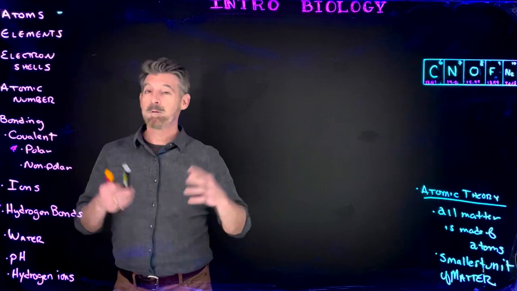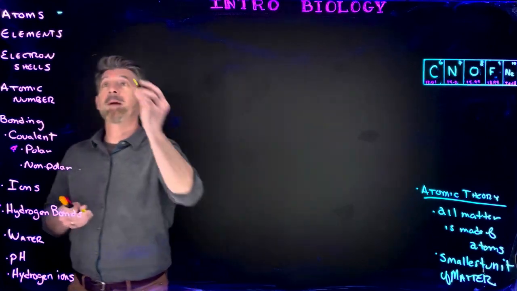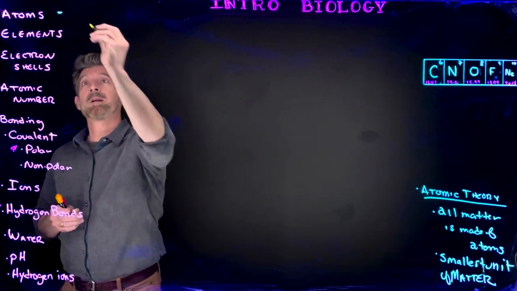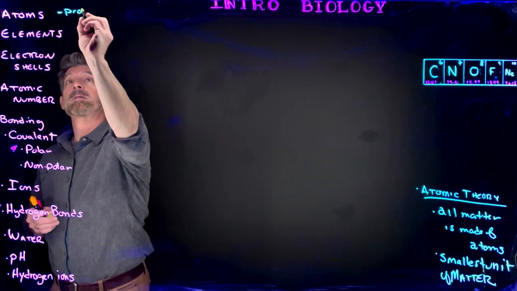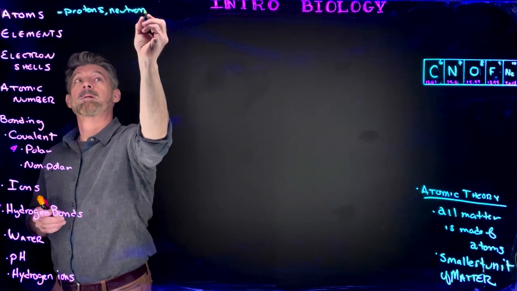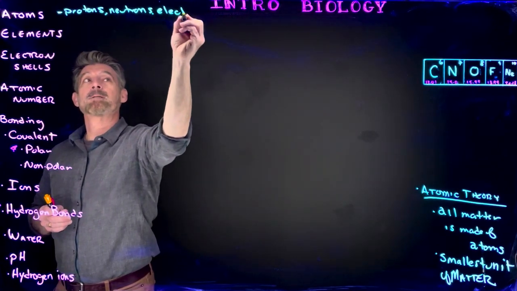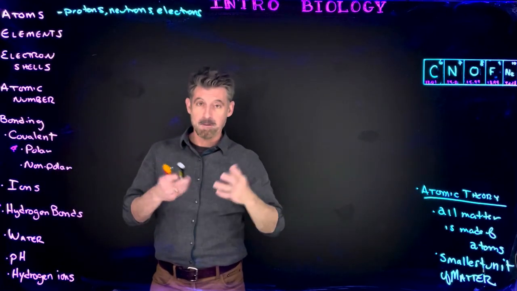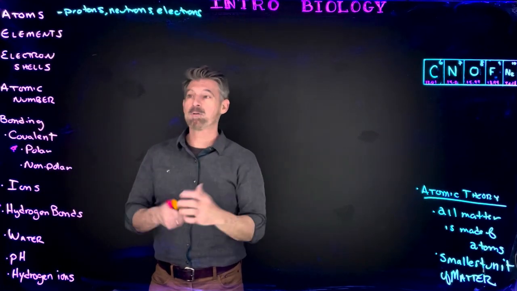We'll keep it there. So we're talking about atoms. So atoms are made up of usually three different things: the protons, neutrons, and electrons. So they're often referred to as subatomic particles. So they're what makes up the atom, smaller than the atom.